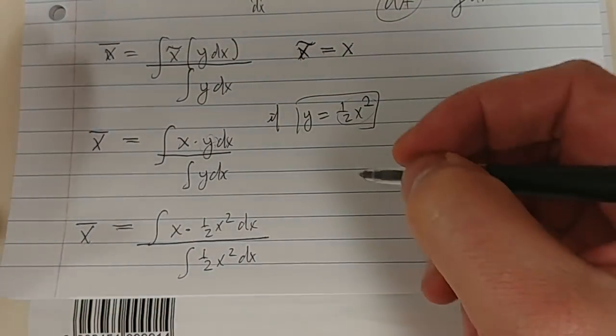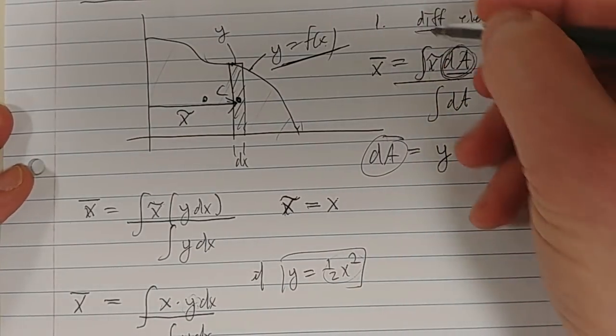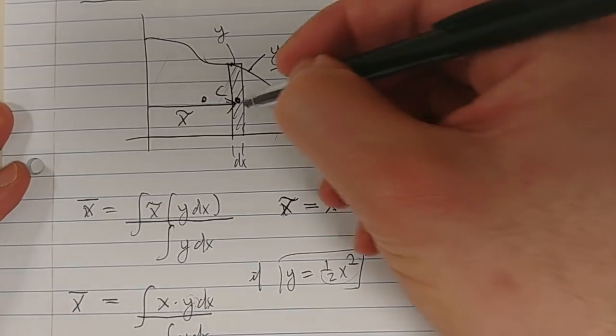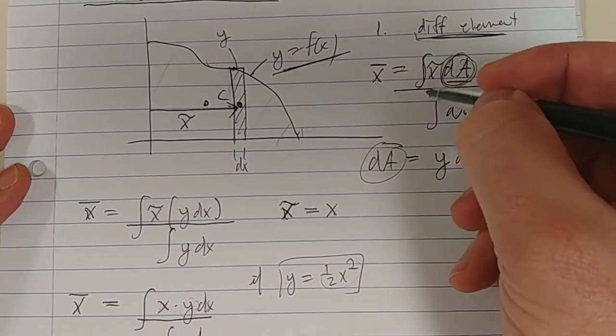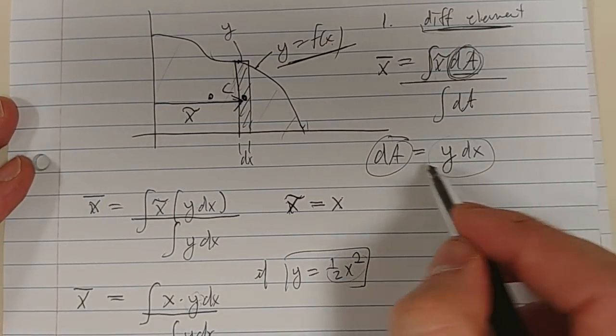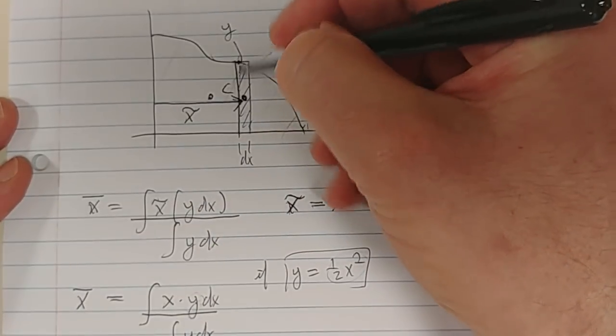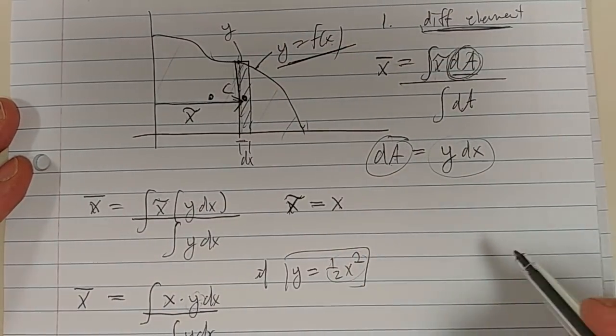Okay, so step one, find the differential element, or define it first. We've defined it. Number two, describe the area. The area was height times width, y dx.